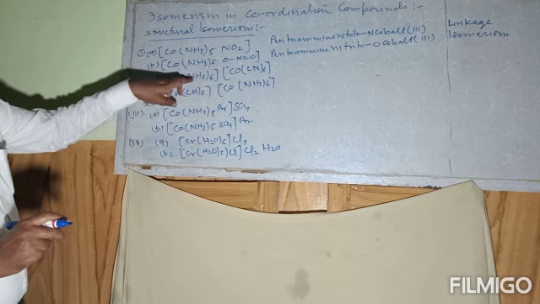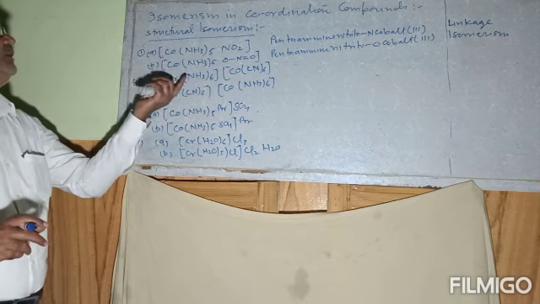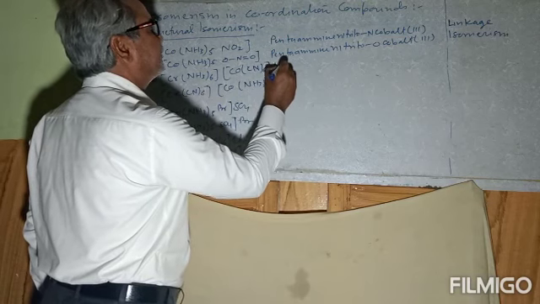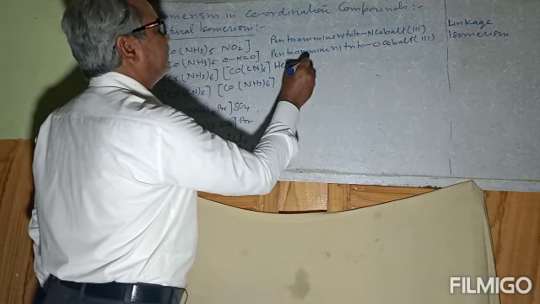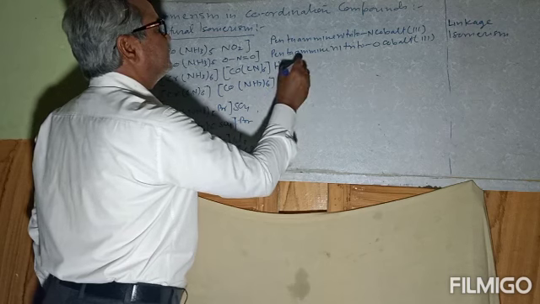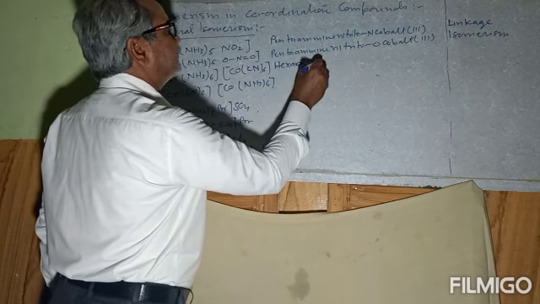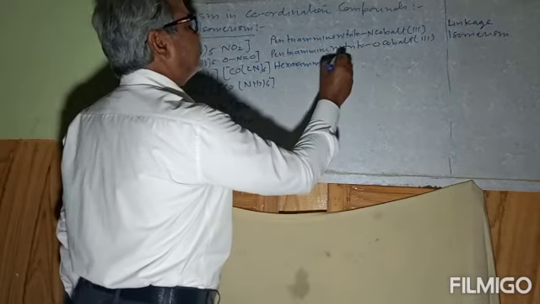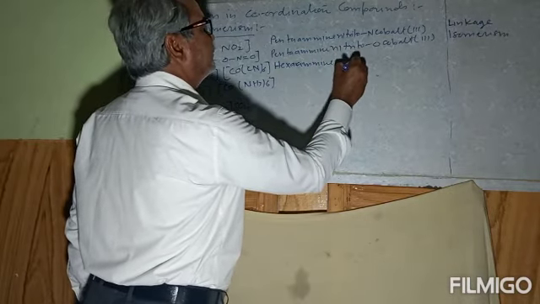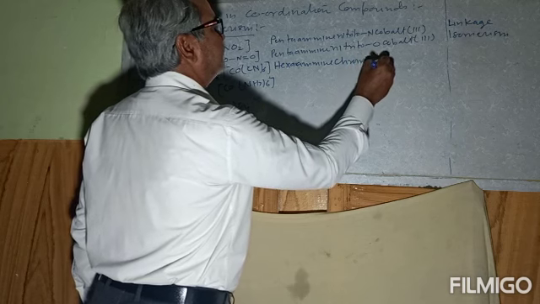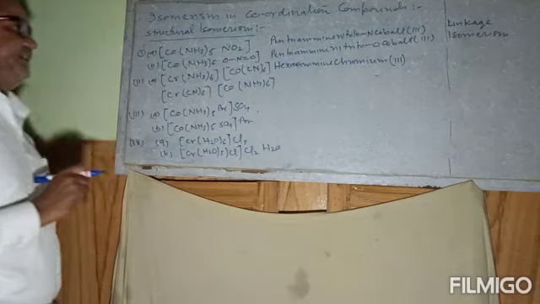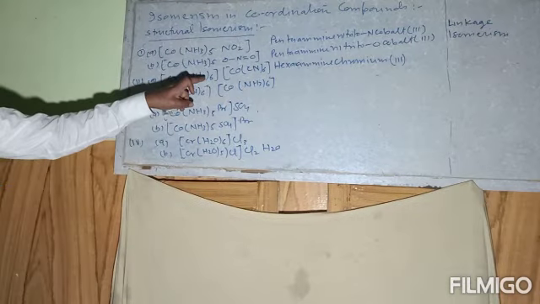Therefore, this part is the cationic part. It will be named first. So hexaamine chromium, oxidation state III. Hexaamine chromium(III).